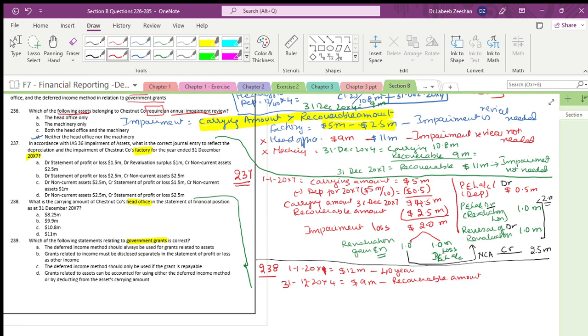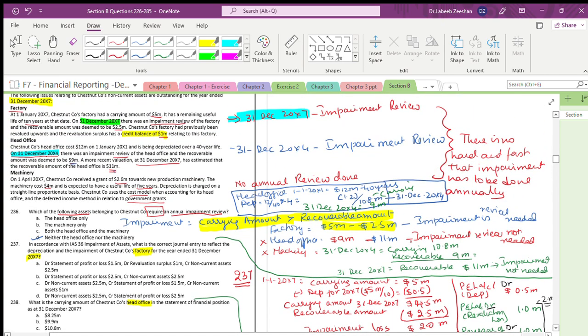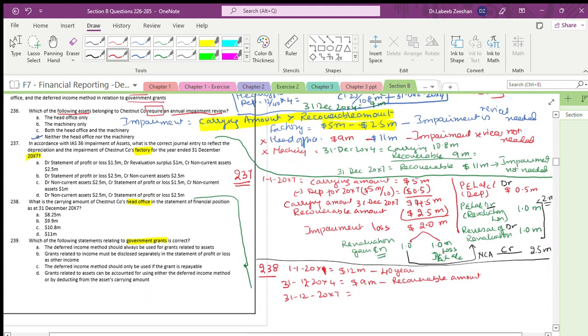On 31st December 2007, the recoverable amount is 11 million.